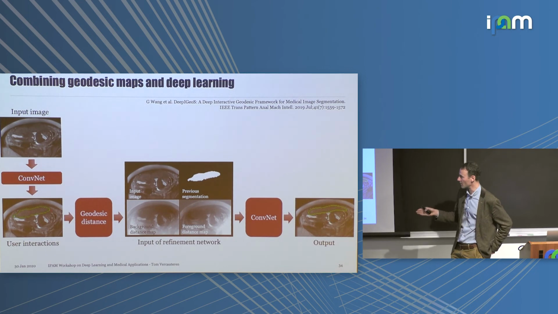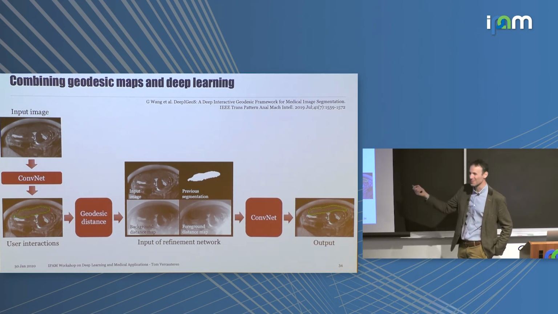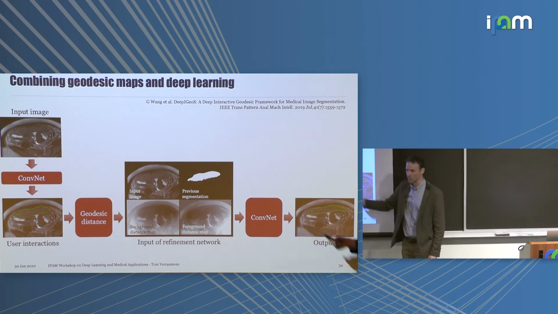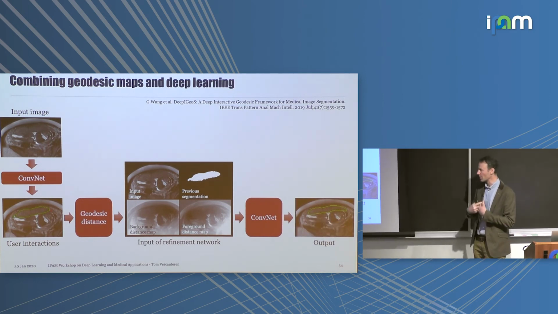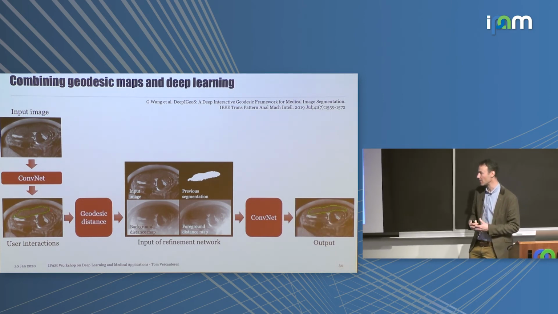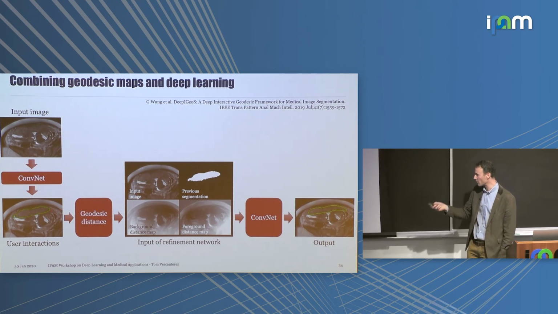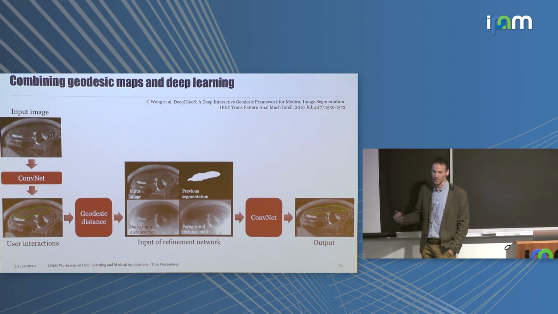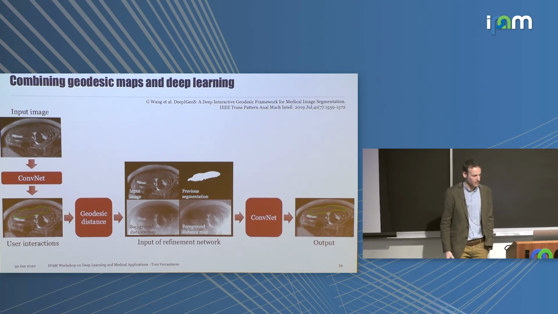Now we feed the geodesic distance maps together with the previous segmentation and the image to another convolutional neural network. This has to be trained beforehand, but nonetheless it can take inputs provided by the user. Therefore, at test time, we can use these to refine or guide the segmentation outputs.